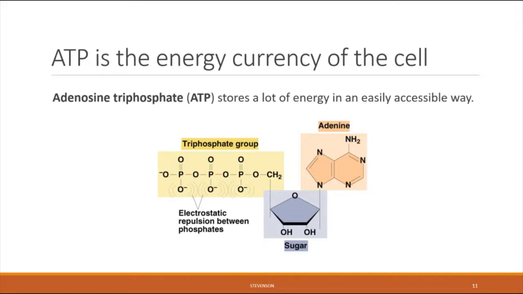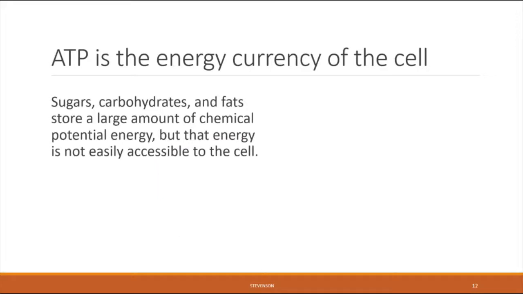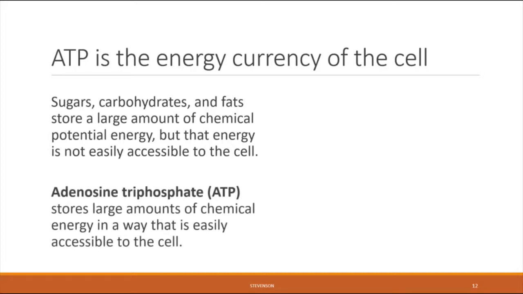And I'll give you an analogy for this. We know that sugars, carbohydrates, and fats store a large amount of chemical potential energy. But that energy is not easily accessible to the cell for all of its purposes. Adenosine triphosphate stores large amounts of chemical energy in a way that can be deployed at a moment's notice for any purpose.